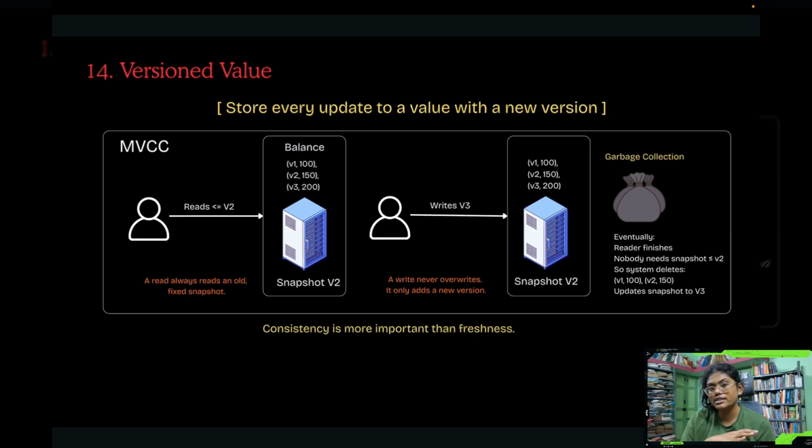So the system deletes everything up to version 2 in the garbage collection, of course, after a sequence of timeouts. Then it will update the snapshot to version 3. Before the deletion also, the snapshot can be set to version 3, and the deletion can be after the updation of the snapshot. The main thing of MVCC is consistency is more important than freshness.